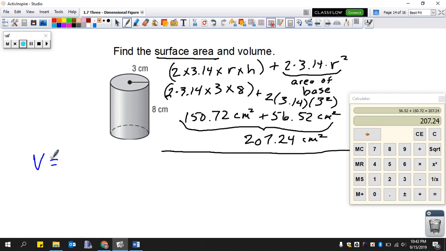Volume is the area of the base, which is 3.14 times the radius squared, and then we're going to take that times the height.